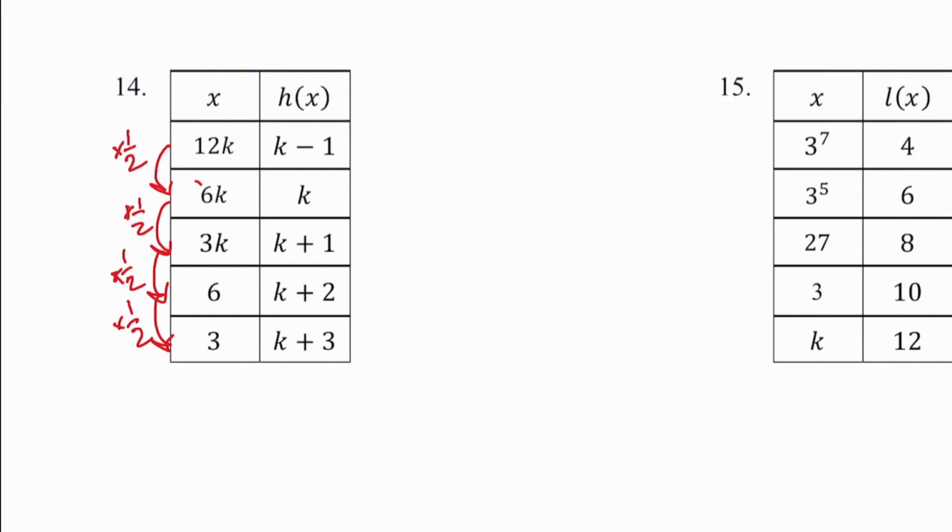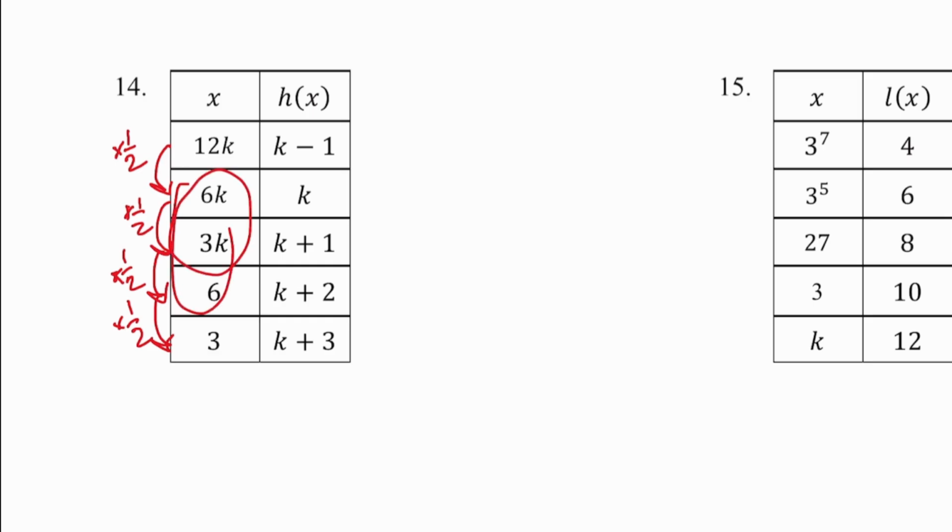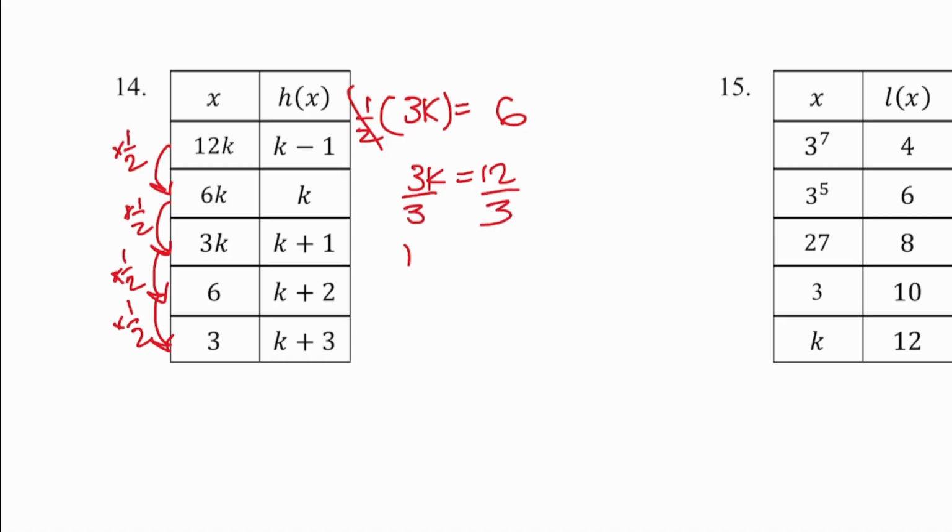Now we want to use two of them together, but we don't want to use these two because they both contain k, so we can't really solve for that. So we can do these two. We can have a variable. We're just going to set it equal to 6 because we also have this right here. So now we multiply each side by 2. 3k is now equal to 12 divided by 3. So k is now equal to 4. That should be our answer.